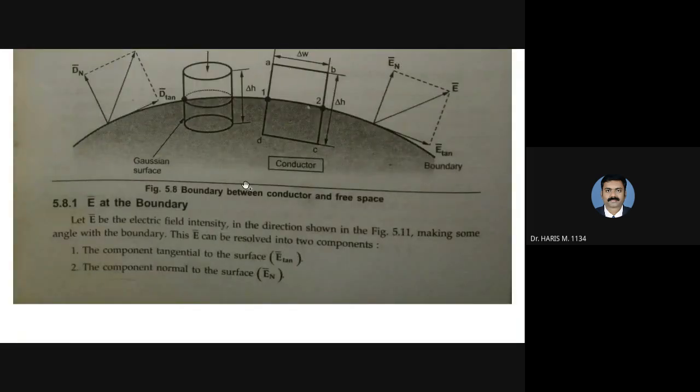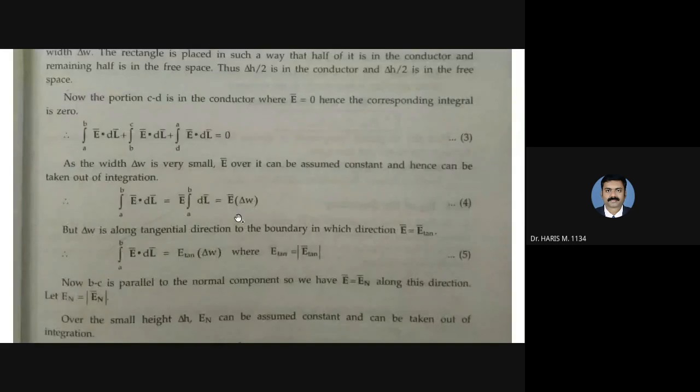In that case, the delta W value is very small. So integral A to B E dot dl, bring this electric field intensity outside. It can be written as integral over A to B dl, and this integral A to B dl can be substituted with the delta W. But delta W is also in the tangential direction to the boundary, in which the E is equivalent to E tangential.